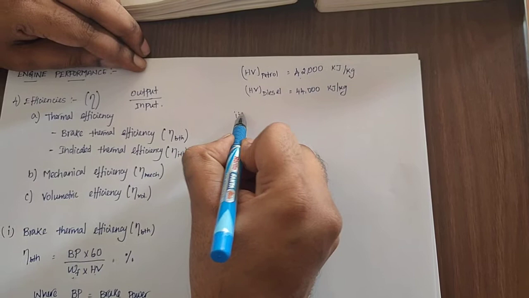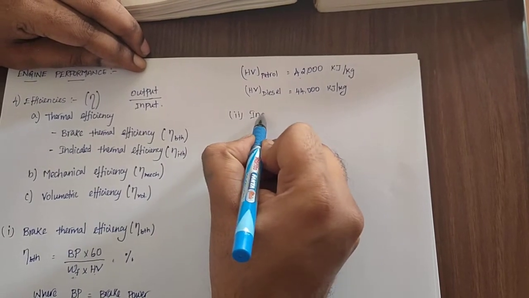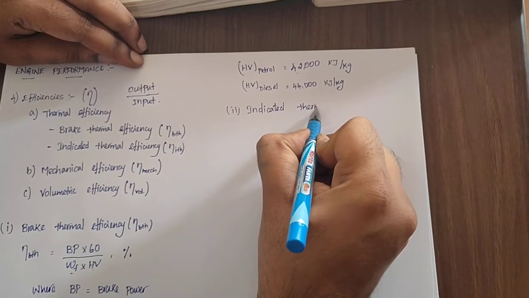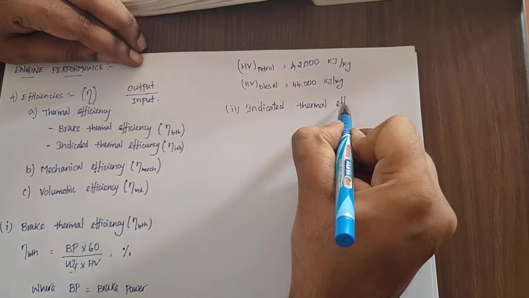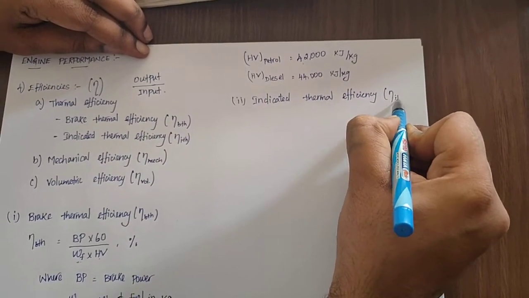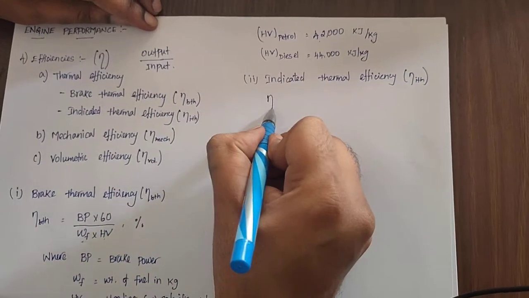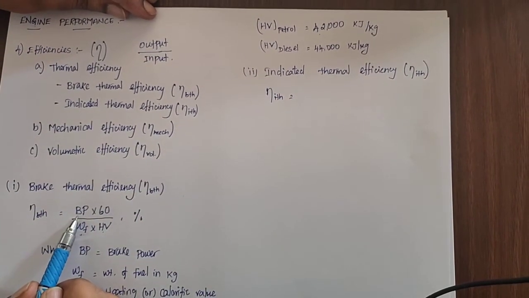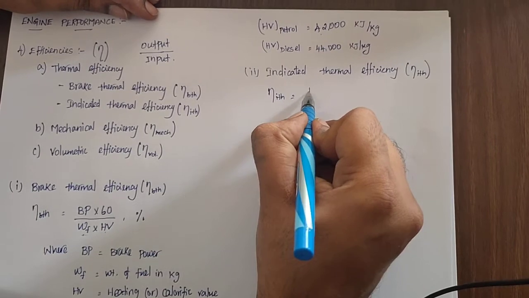Next I am going to indicated thermal efficiency. Eta suffix ITH is equal to, similar to the brake thermal efficiency, but instead of BP we replace it with IP.